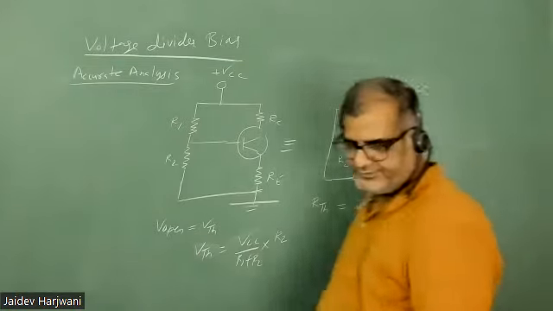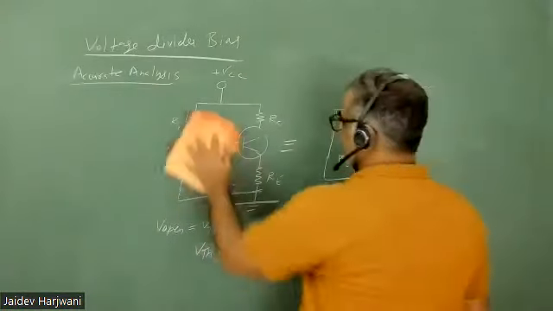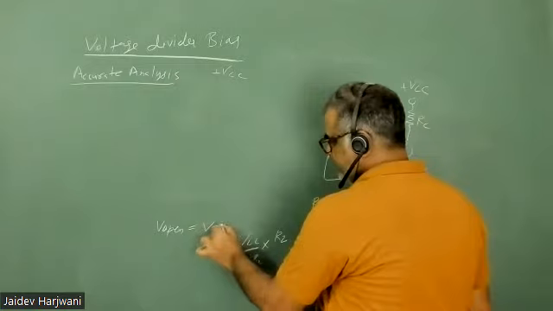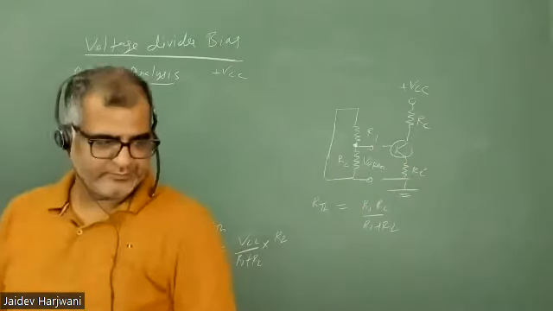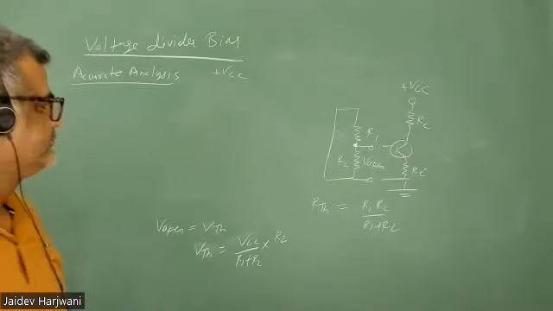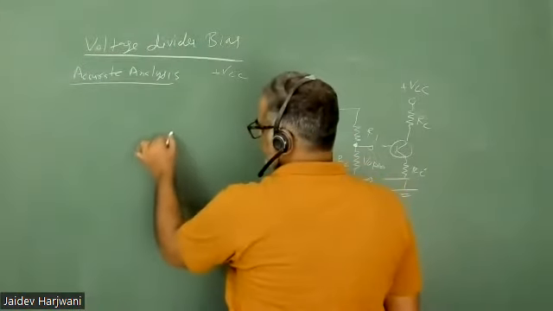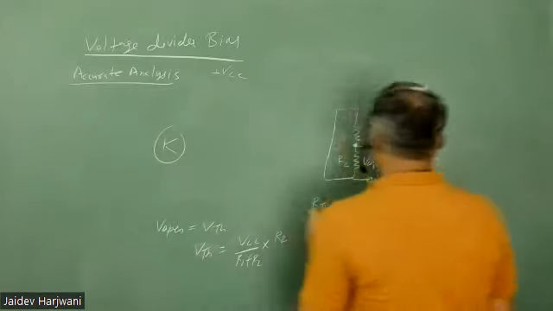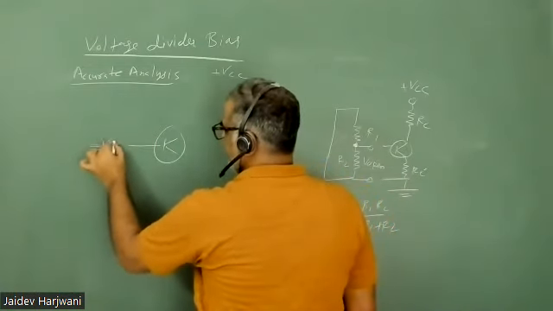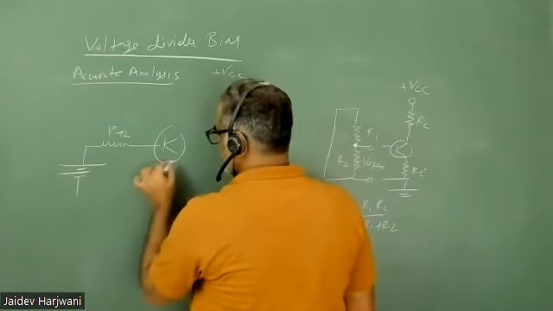Now I can write the equivalent circuit for this one, with Thevenin. So now this transistor I'll again connect here, and here I can write R Thevenin, and here V Thevenin.